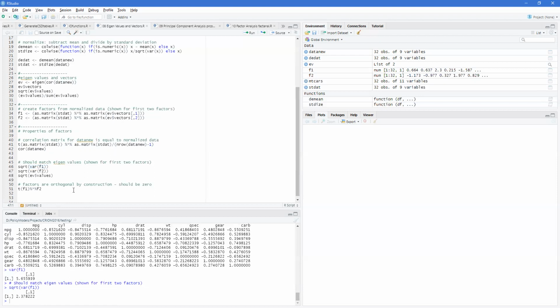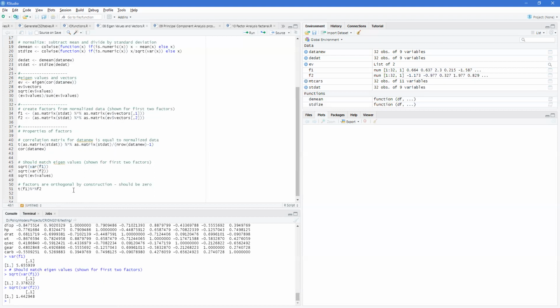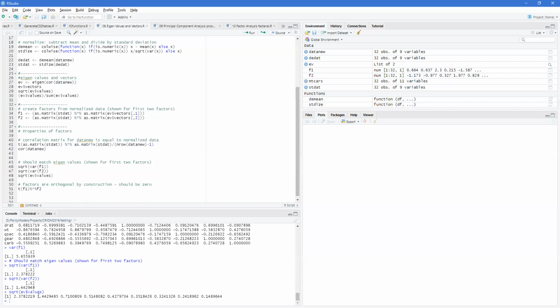Take the square root of that and the square root of the second one, and we notice that the variance of the first factor is the same as the eigenvalue for the first element. The variance of the second factor is giving me the eigenvalue for the second one, and so on, all the way down.